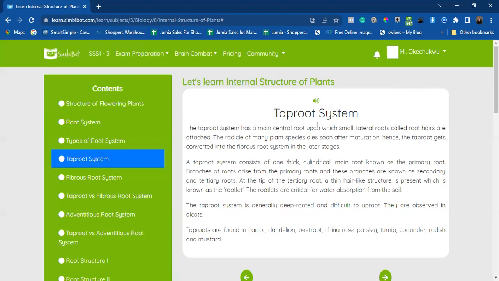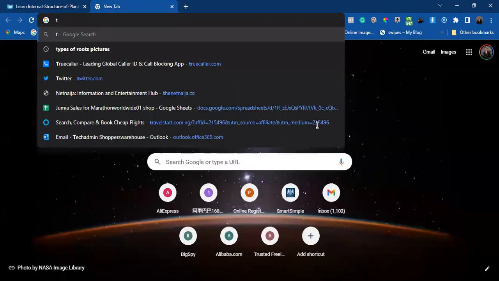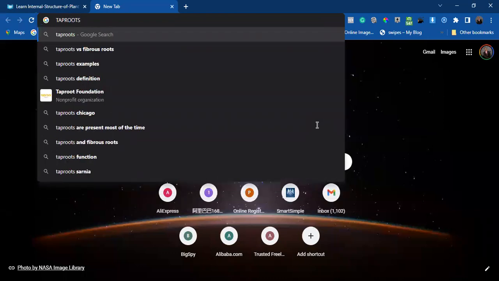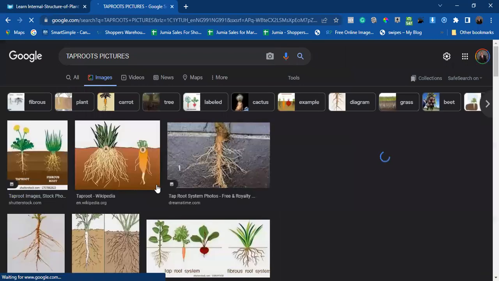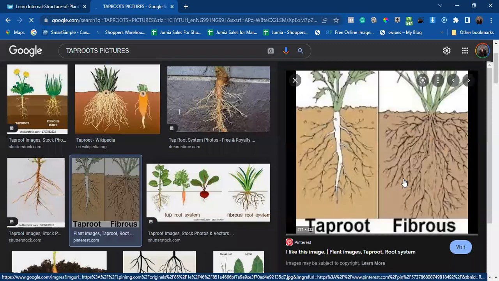Let me show you an example so that you understand what we are talking about. This is a typical taproot.